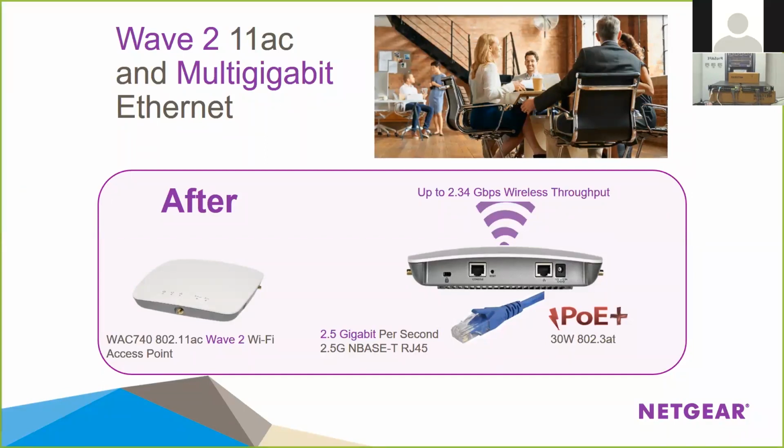So the NETGEAR Wireless team made the decision to come with a 2-port design for the WAC740, so that 2 ports can be used with LAG, typical channeling, for customers without multi-gig Ethernet capability. But today, really, that's the point: we want to demonstrate how great it is when we use only one port on the multi-gigabit Ethernet side, with the 2.5 gig port on the right-hand side.